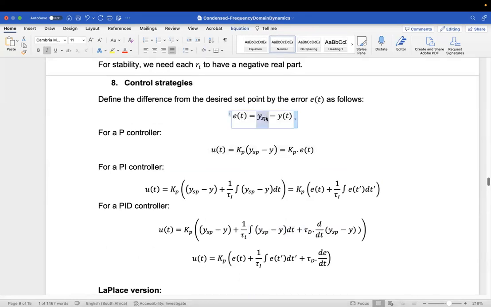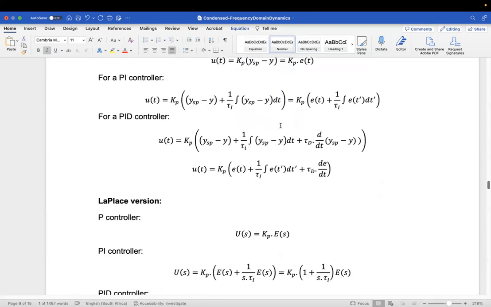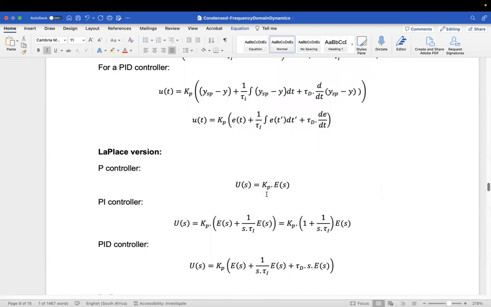And you could say, well, this is a constant. Currently we've chosen a constant set point we want to achieve. So the transformation of a constant is the constant divided by S, and then this would be some other function. We could do that, but just for convenience, we'll just say there's some function E of S that will happen. So when we transform these equations, the left-hand side, that's simply U of t, so we'll just call that U of S, and then the error we'll just call E of S.